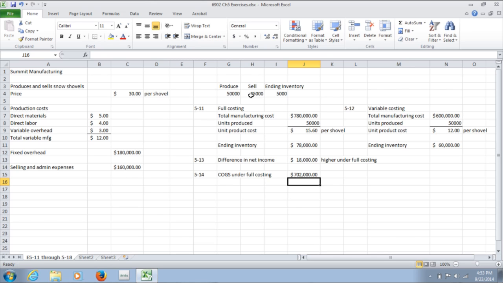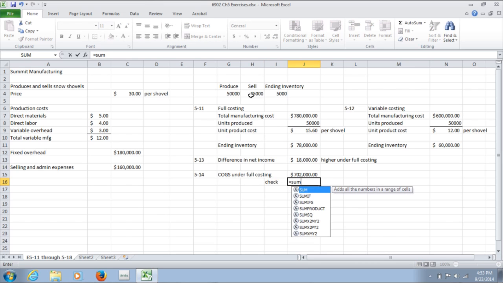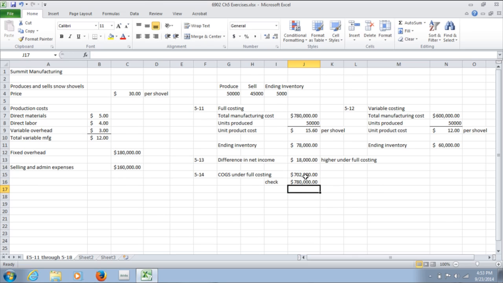Now notice a check here is that we should be able to take the ending inventory and the cost of goods sold, and that 780 is exactly equal to that total manufacturing cost above.